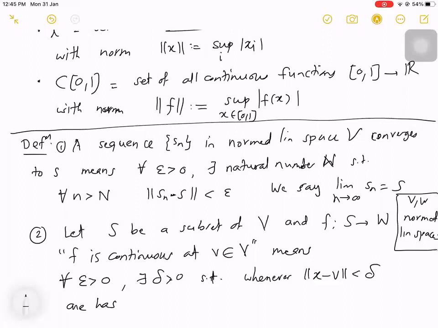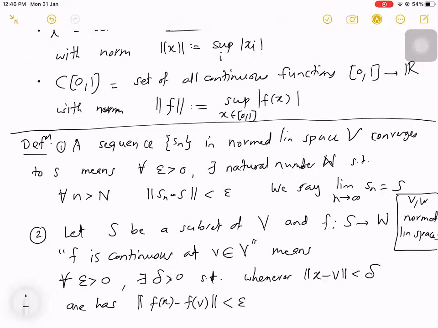So what does it ensure? As soon as I choose an x that is within distance delta from V, what does that ensure? The norm of f of x minus f of V is less than epsilon.